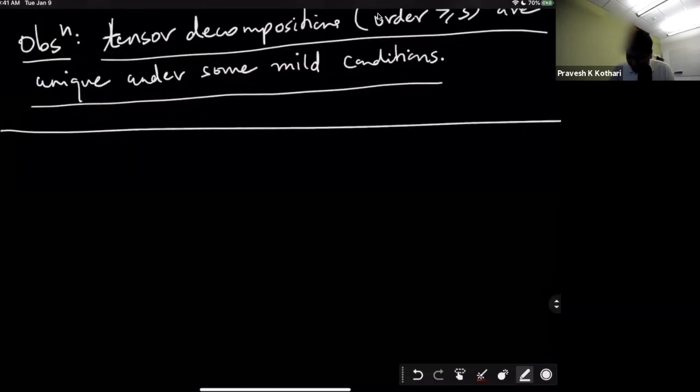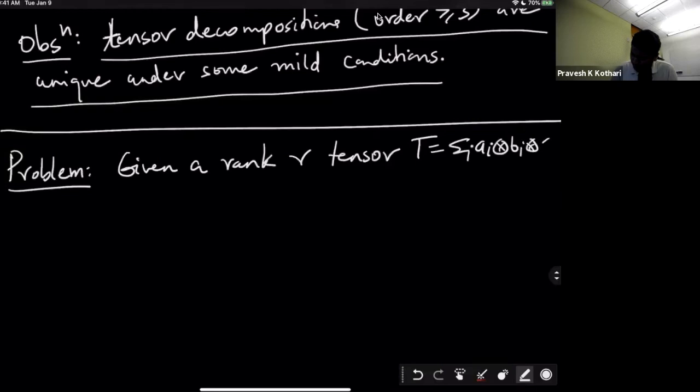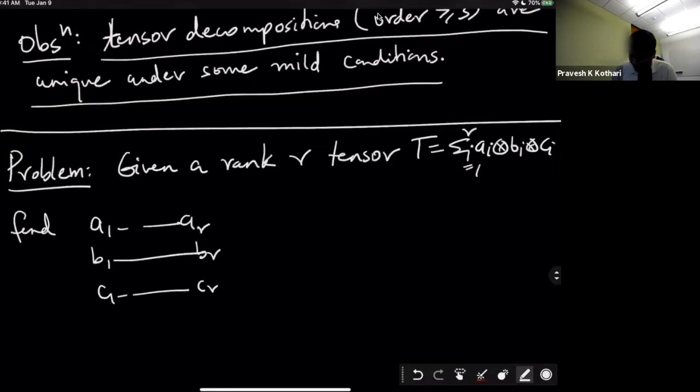Good. So now we can identify the concrete problem before us. Given a rank R tensor, find A1 through AR, B1 through BR, C1 through CR.